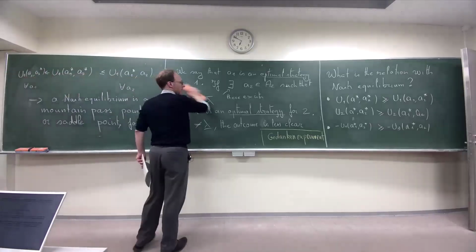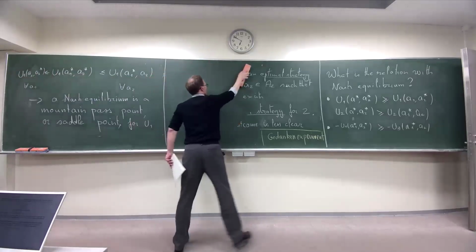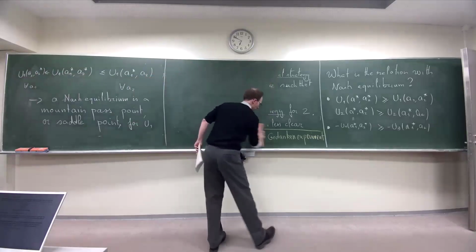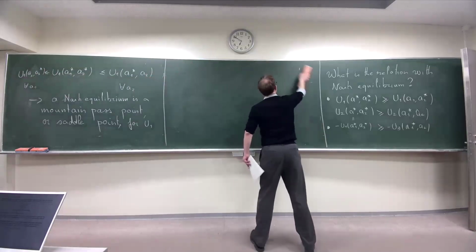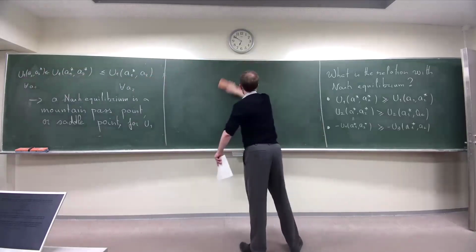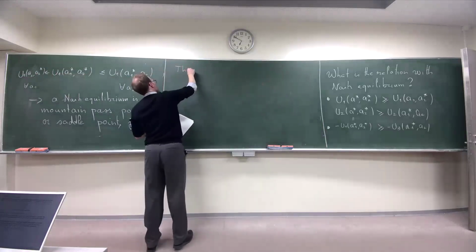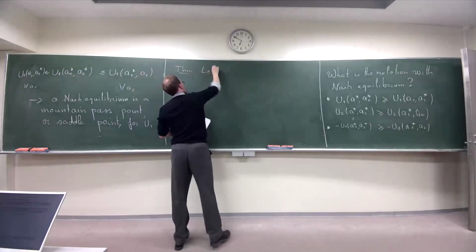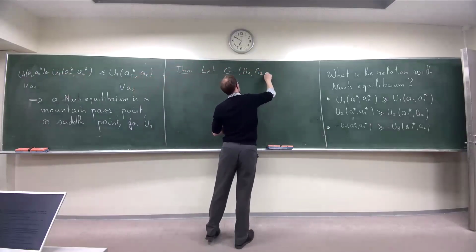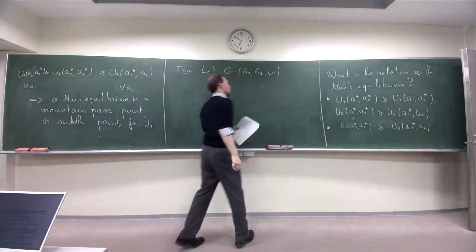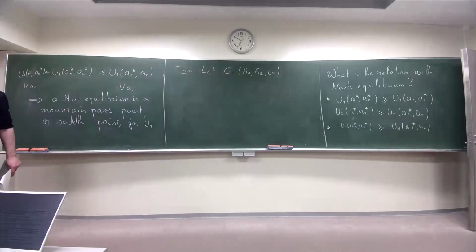And now I wanted to do the relation between optimal strategy and Nash equilibrium. Let me state a result. If somebody is interested in doing the proof, it's not so difficult. So it's a theorem. Let G equal (A1, A2, U1), a two-player zero-sum game.